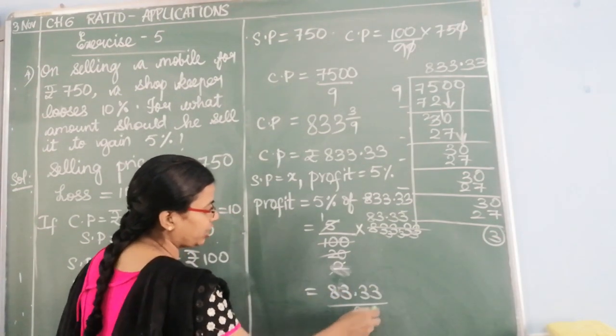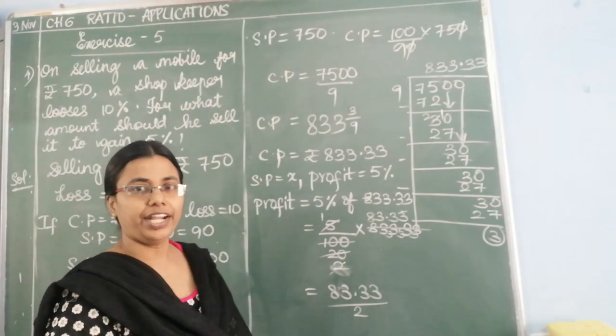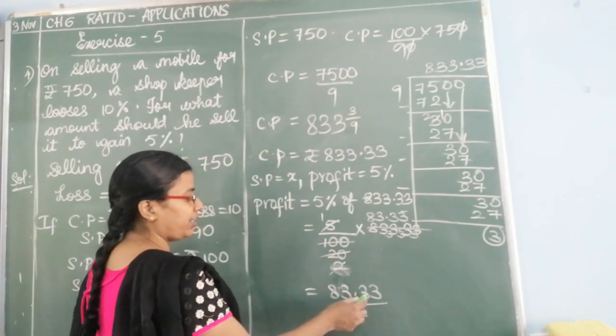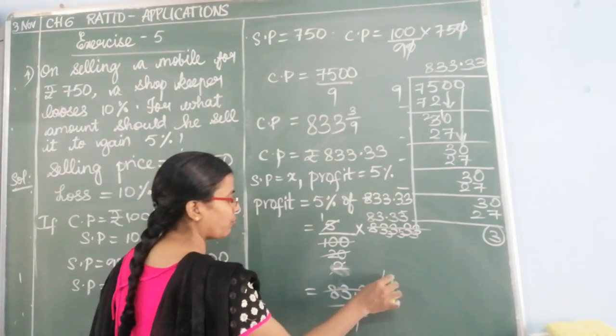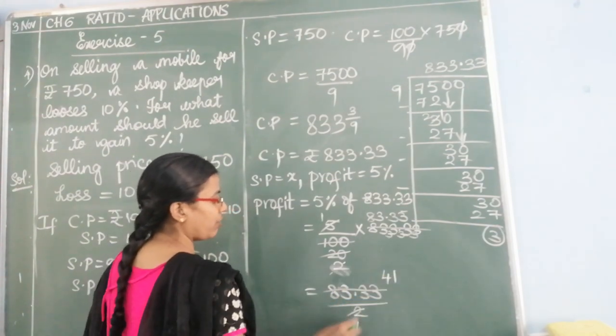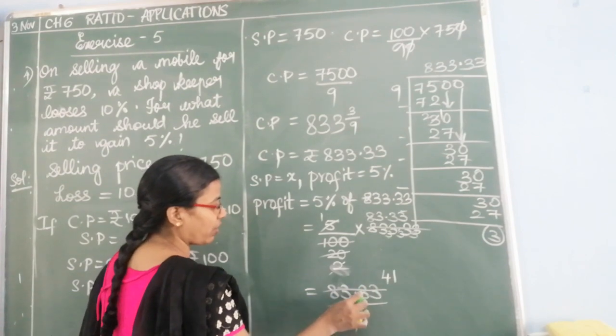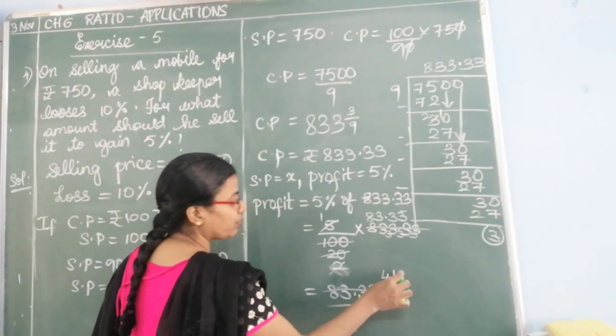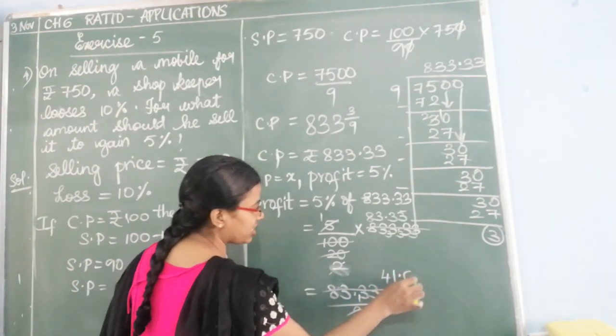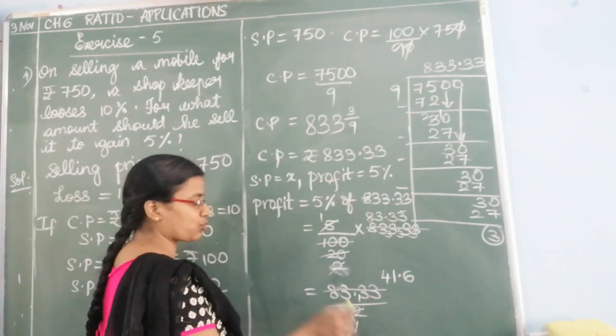83.33 divided by 2. So 2 1s are 2. 2 4s are 8. 2 1s are 2. 3 minus 2 is 1. So here you will get 30. 2 table, point we will keep. 2 6s are 12. So 13 minus 12 is 1.